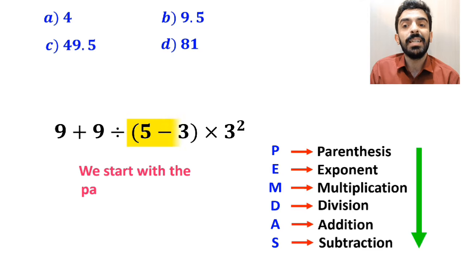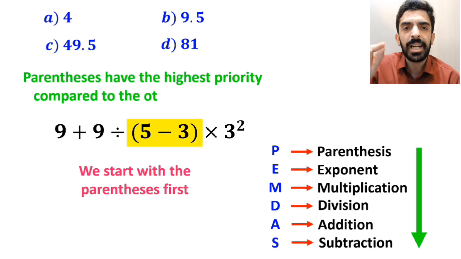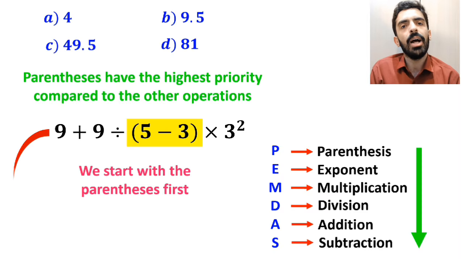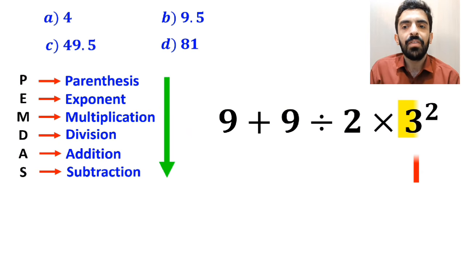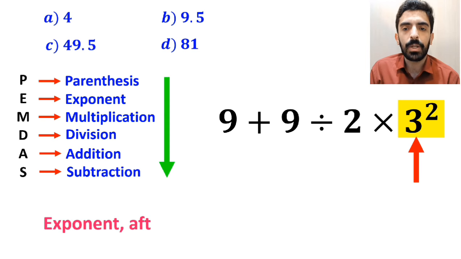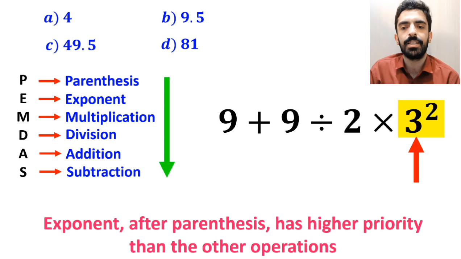So, we start with the parentheses first, because parentheses have the highest priority compared to the other operations. Okay, instead of this expression, we can write 9 + 9 ÷ 2 × 3^2. In the next step, we go to the exponent, because exponent after parentheses has higher priority than the other operations.